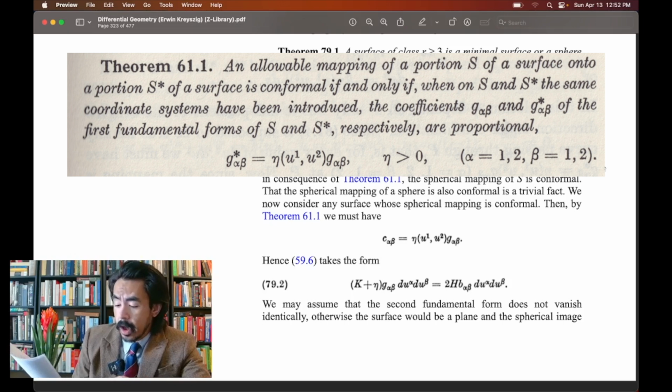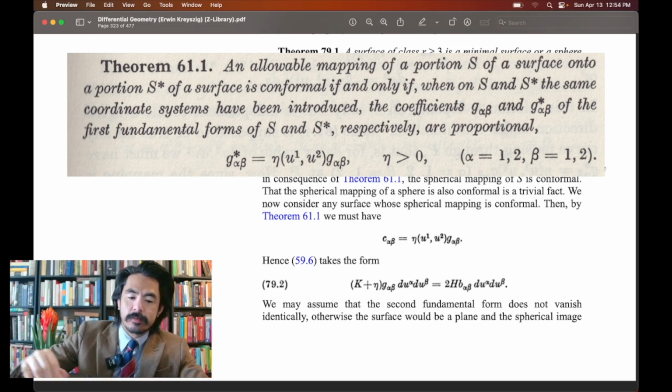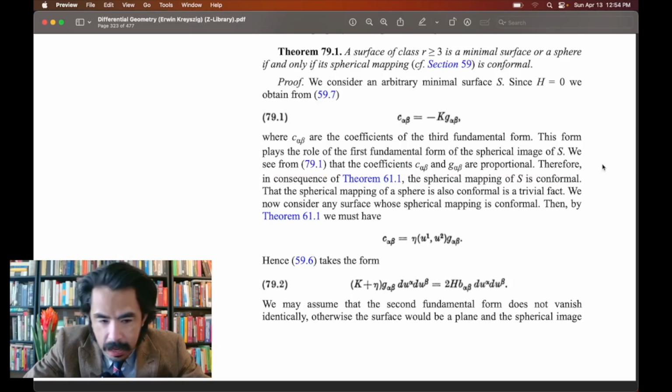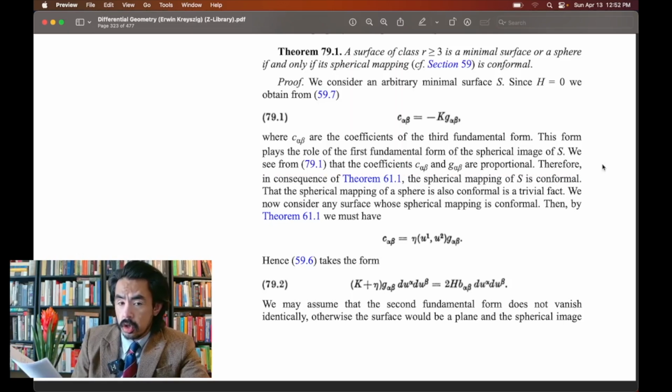Namely, we have that g star sub alpha beta is equal to a function eta. That's what it is. These aren't nus, they're etas, and I knew that. Anyways, eta in terms of coordinates u1 and u2, then times g sub alpha beta, where this function eta is positive, and we allow alpha to be 1 or 2 and beta to be 1 or 2.